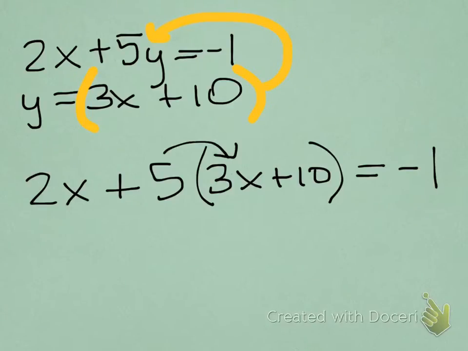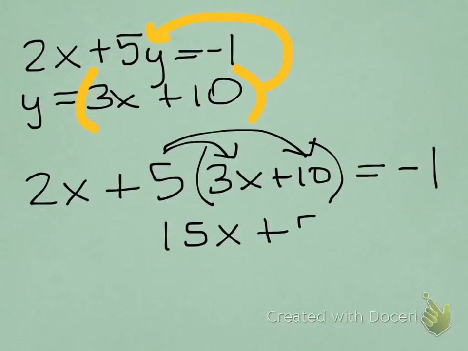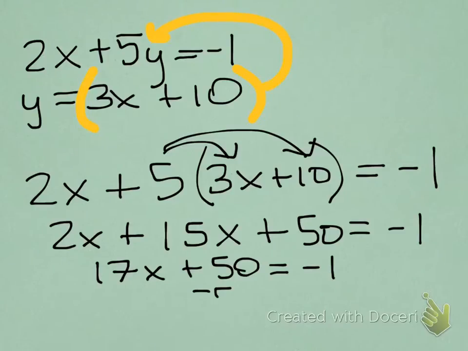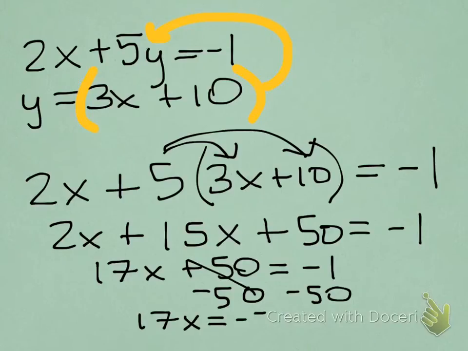And we're going to solve like we did the last one for x. So this is my second step. I'm going to continue to solve for x, and I would get x equals -3.